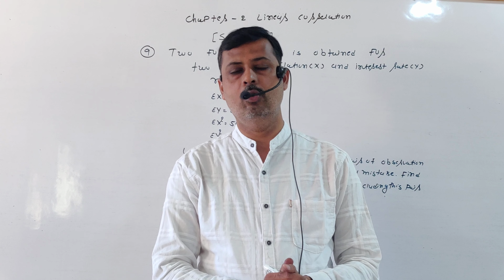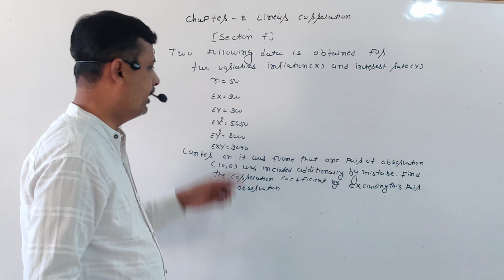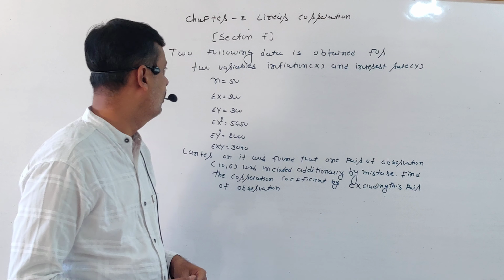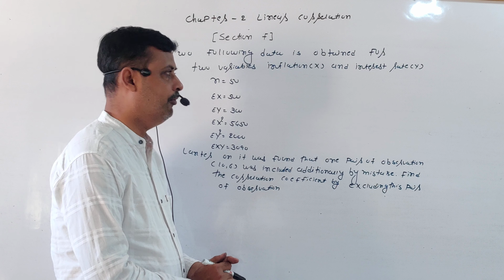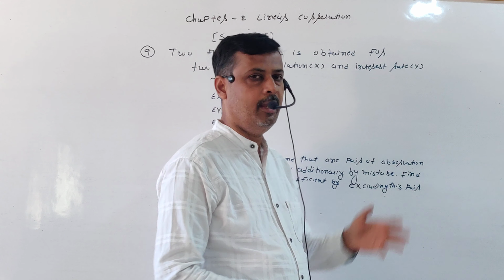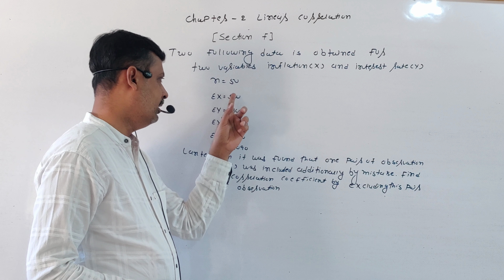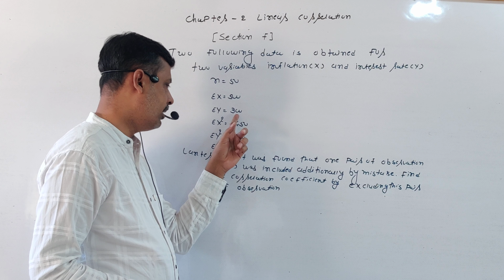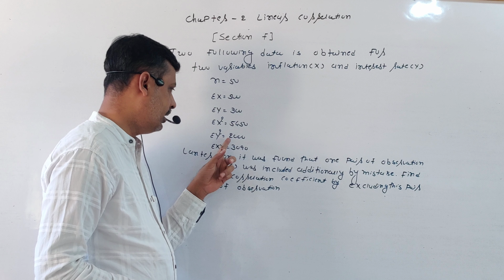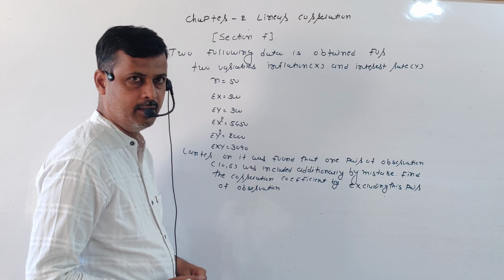Now we take a long example from section F. Example number 9. The following data is obtained for two variables, inflation and interest rate. Inflation is given as x and interest rate as y. n is equal to 50, sigma x is 500, sigma y is 300, sigma x square is 5450, sigma y square is 2000, sigma xy is 3090.